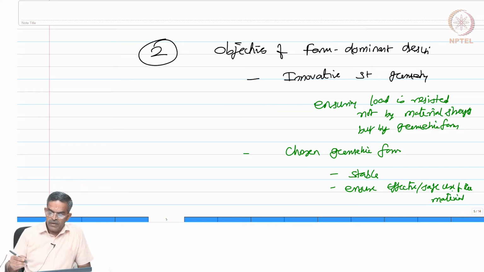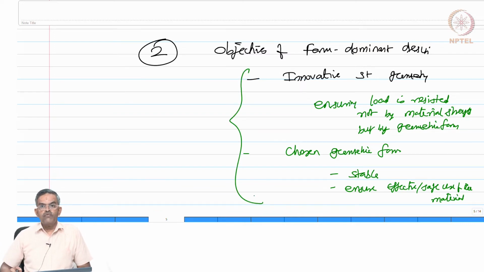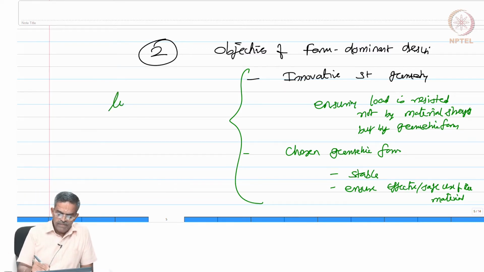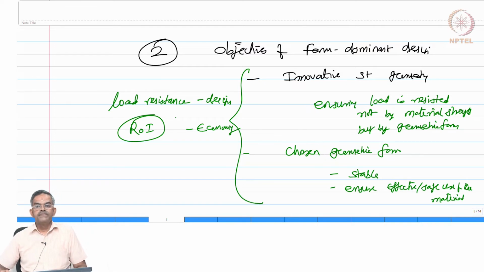So, you see, in form dominant design, these two factors are circumscribed to each other. One is the load resistance, which is the requirement of any design procedure. Second is the economy, which is return on investment. We have already seen in the last lecture how, because of the rapid construction process, steel enables a lot of advantages over other standard construction materials.